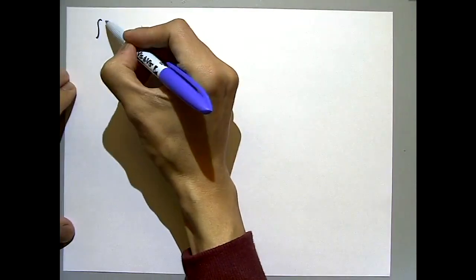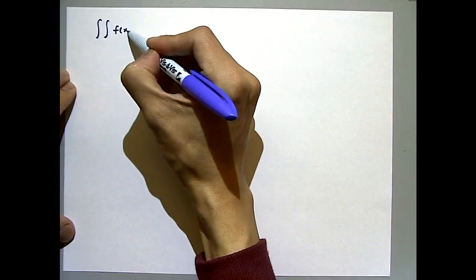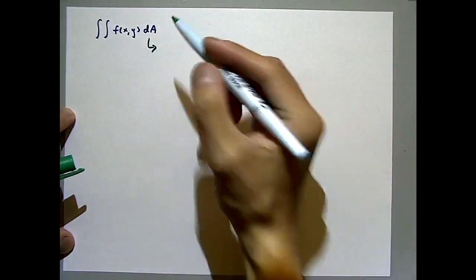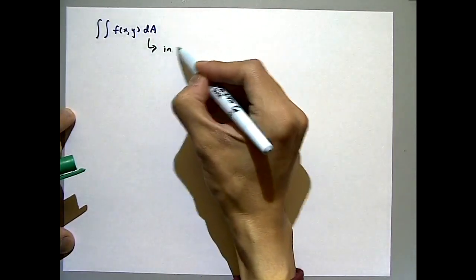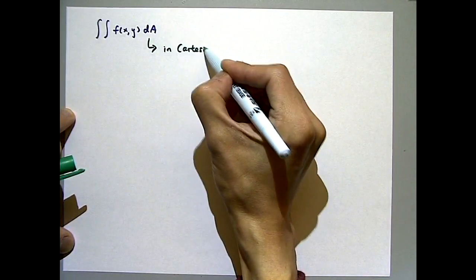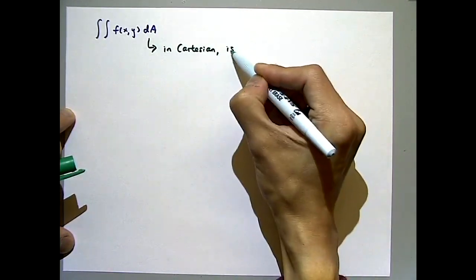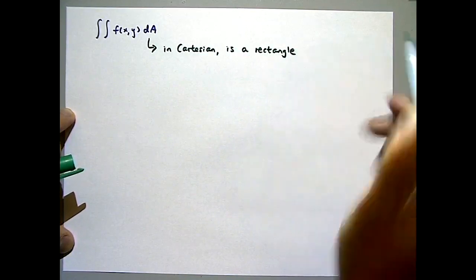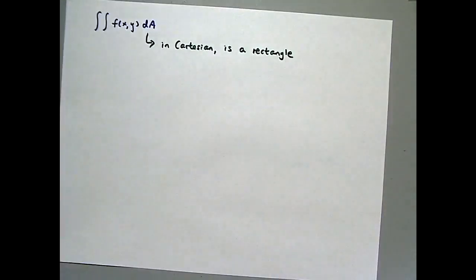Now let's look at what happens when we do a double integral. First, let's revisit the Cartesian a little bit more. This dA in Cartesian coordinates, the differential element here, is a rectangle.